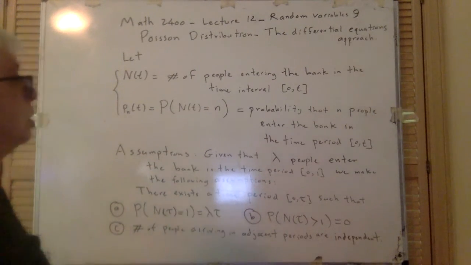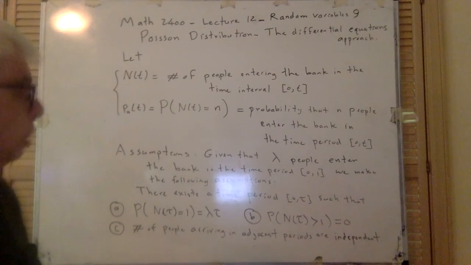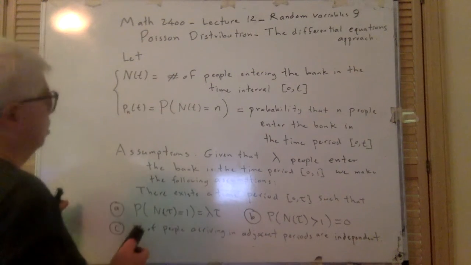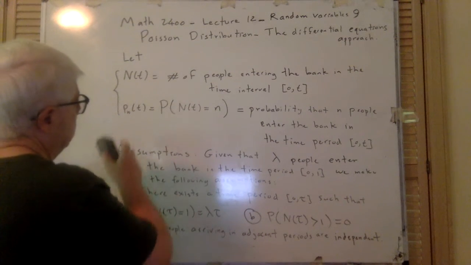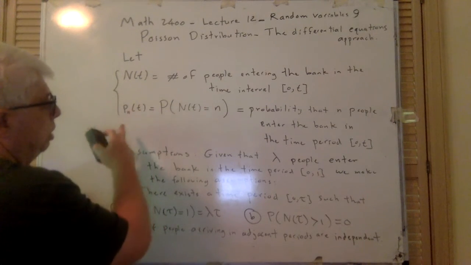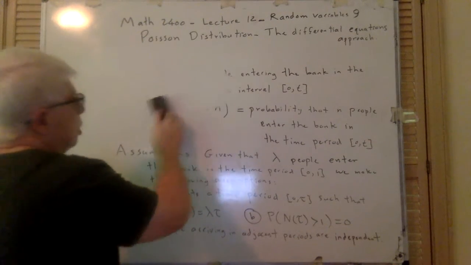Okay, so let's continue with these assumptions and these notations and come up with some nice formula for this thing, p_n(t). That's what we want to find, right? p_n(t) is in fact what we are trying to find.